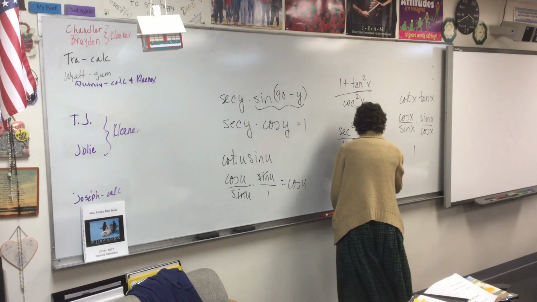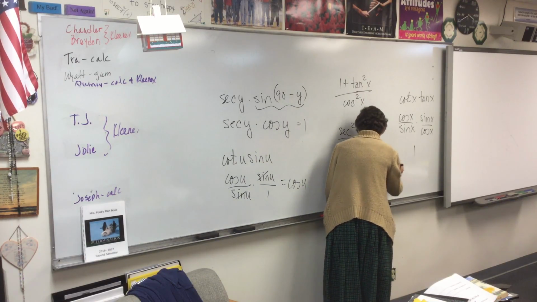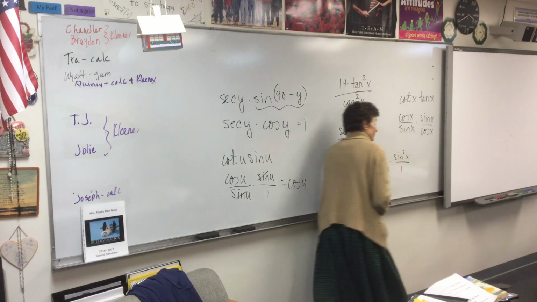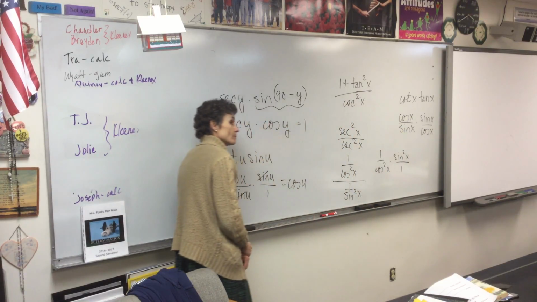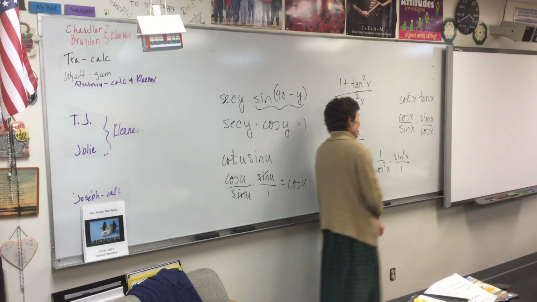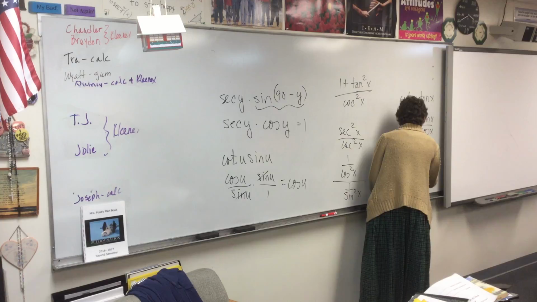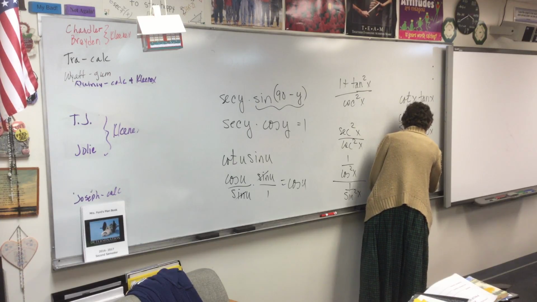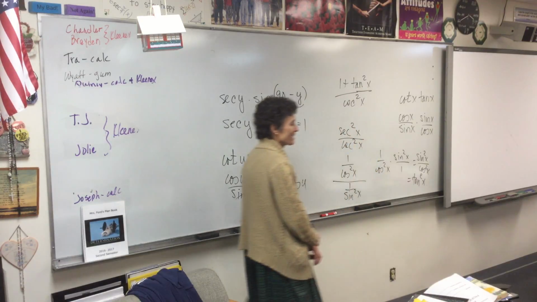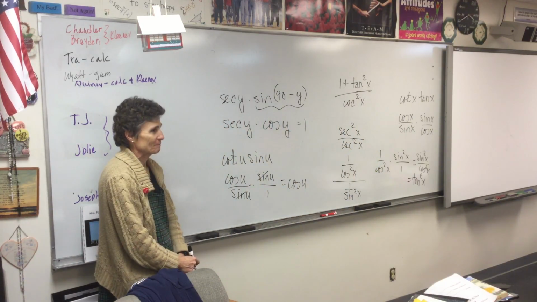So it's going to be 1 over cosine squared times sine squared over 1. Which gives me what? It gives me sine squared over cosine squared, which is tangent squared, because sine over cosine is tangent.